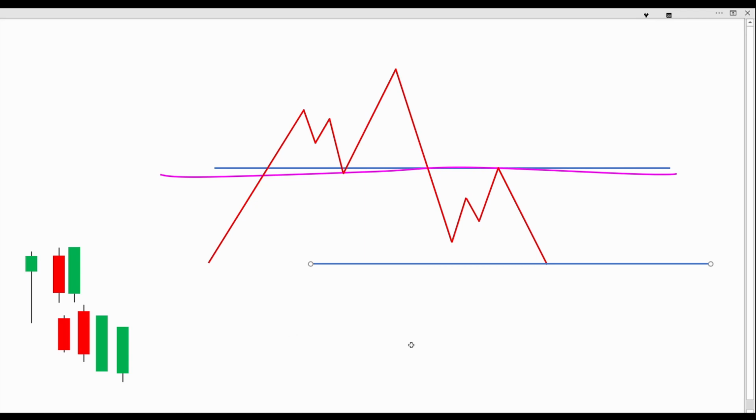So this is basically the second scenario. The first scenario is the trend channel, and the second scenario is using important support and resistance levels, or moving average.